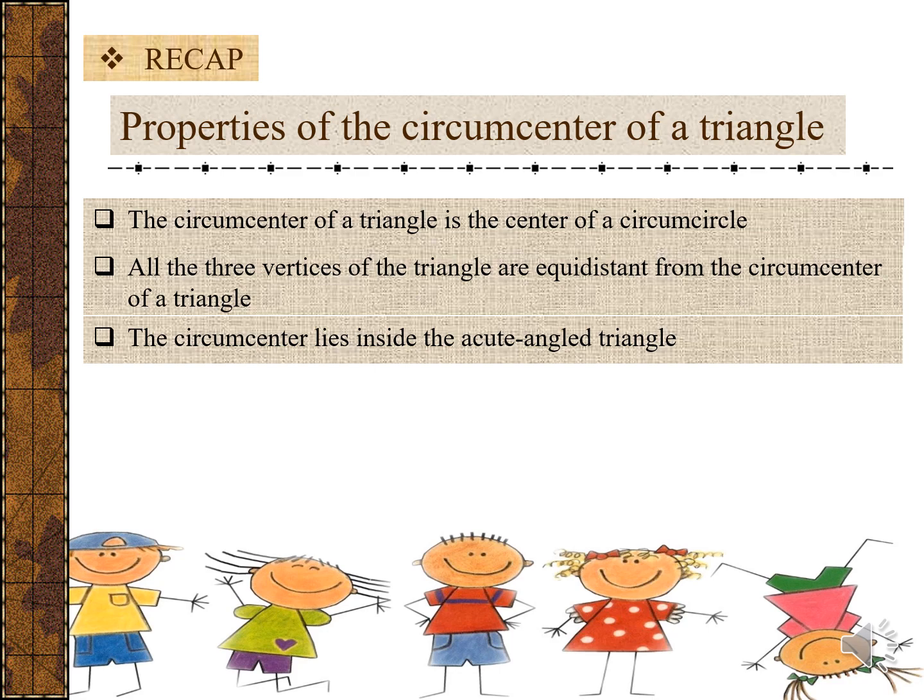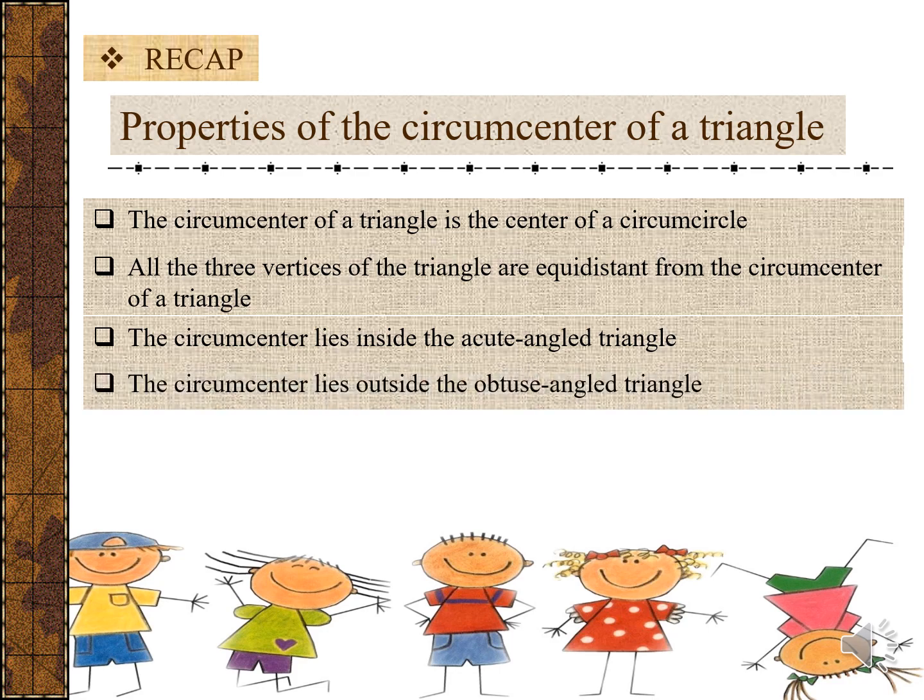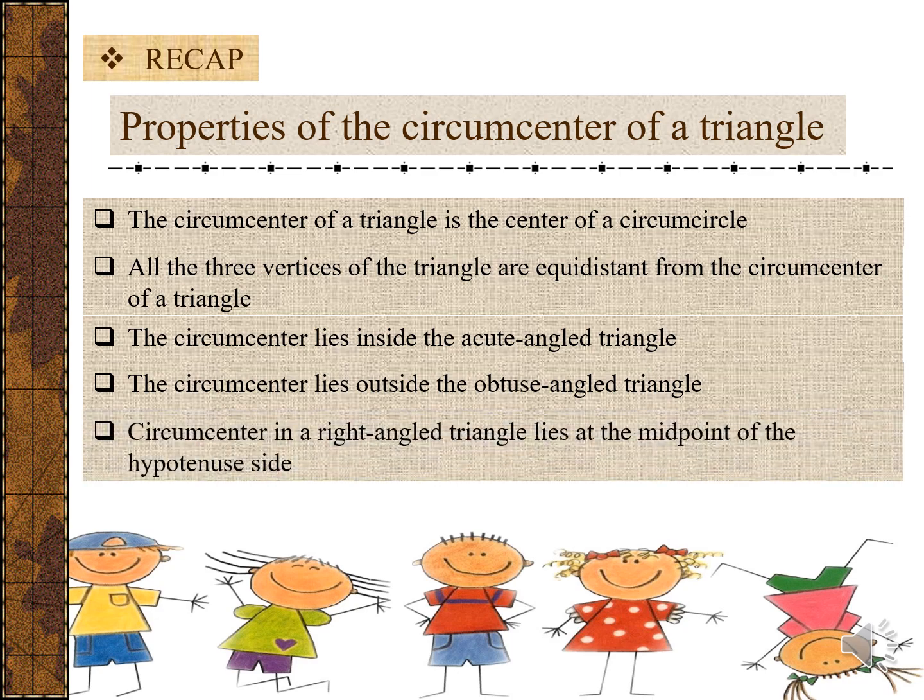The circumcenter lies inside an acute angled triangle, and outside an obtuse angled triangle. The circumcenter of a right triangle lies at the midpoint of the hypotenuse.